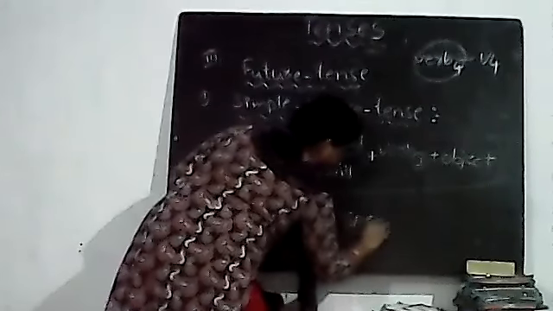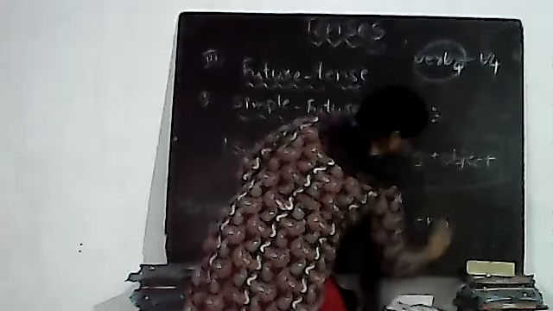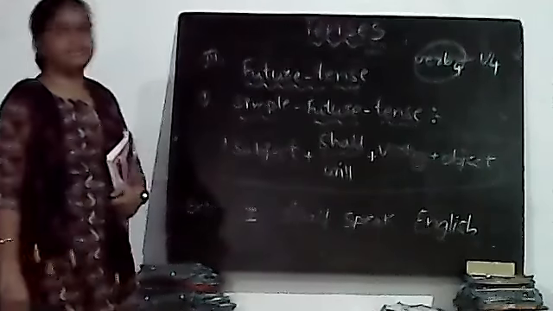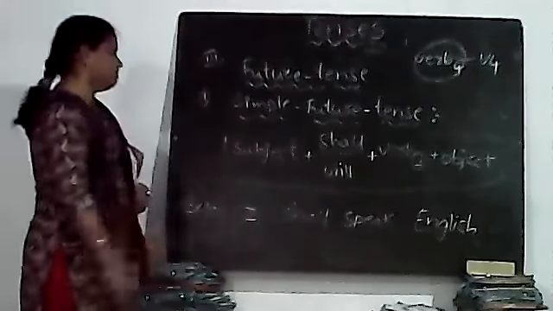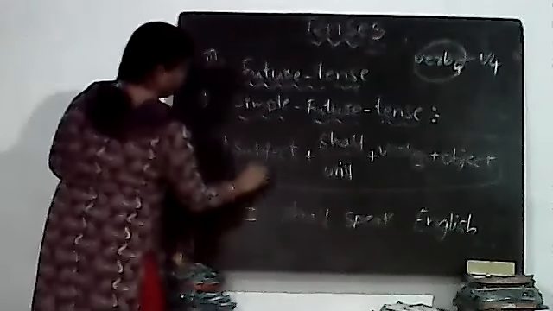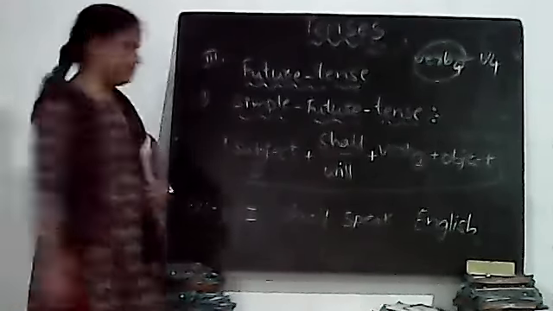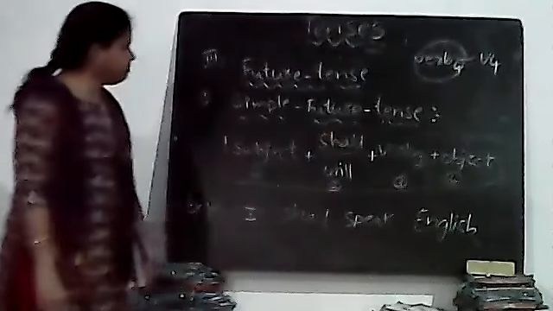I shall speak. What is the object? English. I shall speak English. Again we divide it into parts: subject, shall or will, third verb one, fourth object. So I shall speak English.